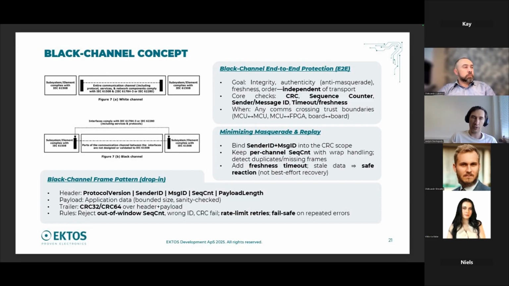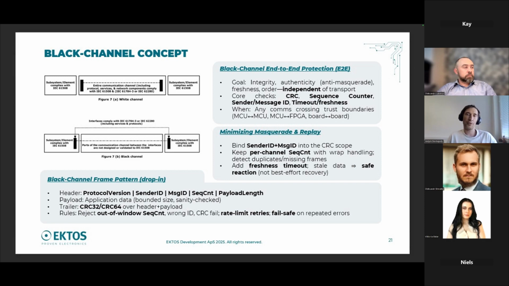These measures are: you have to put a protocol version, sender ID, message ID, sequence counter, and payload. And of course, all of these should be closed with CRC 32 or 64 to be safe here.